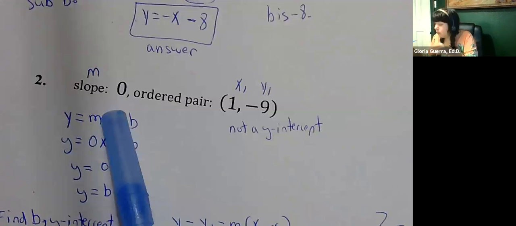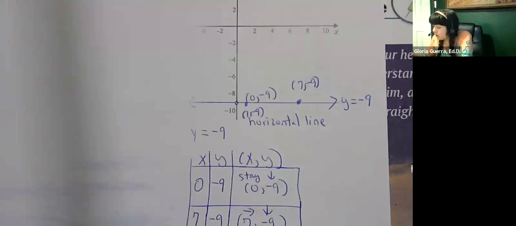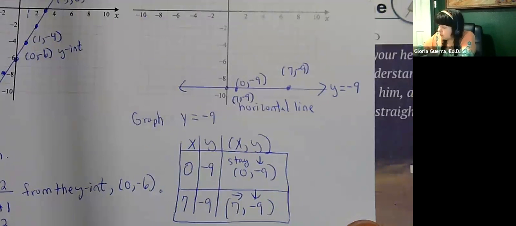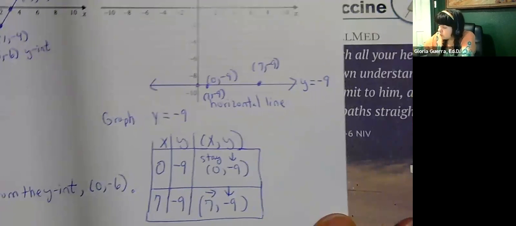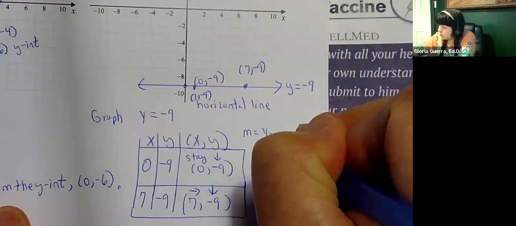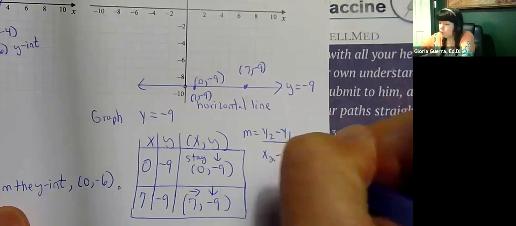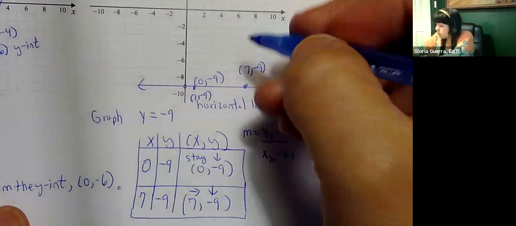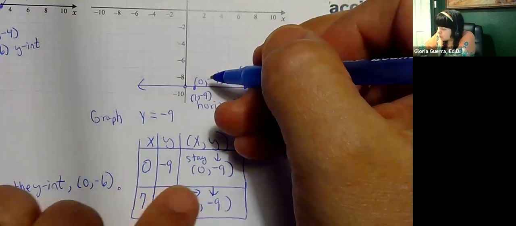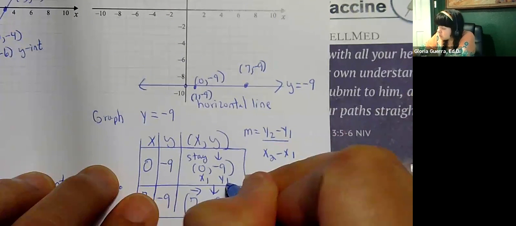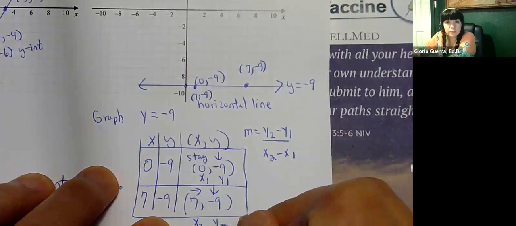So if you wanted to verify that, you would just use your formula, m equals y2 minus y1 over x2 minus x1. And then you can label, since this is the first point, you can call this x1, y1. And since it's the second point, x2, y2, okay?